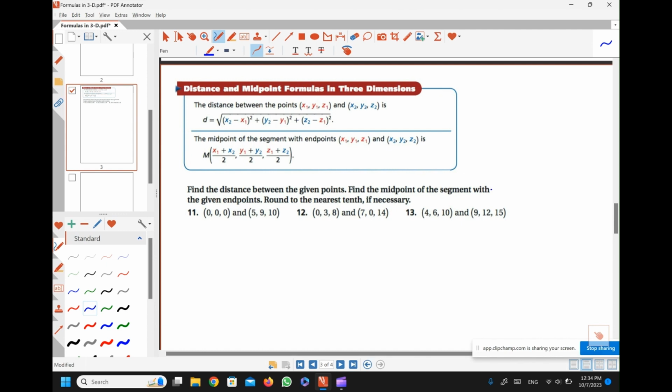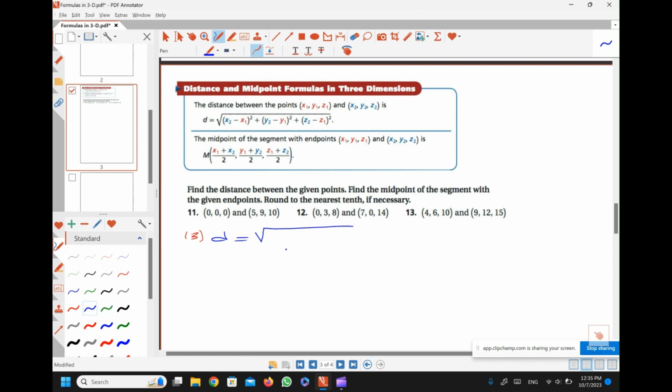Let's take a look at the question. Let's try exercise 13 here. The others are easier. 13 is better to solve. To find the distance in 13, apply the formula. The formula is the square root of the squares of the differences of x's, y's, and z's all summed together.